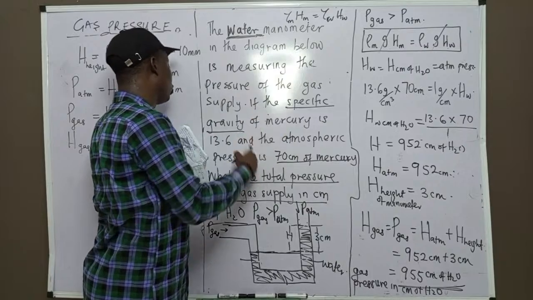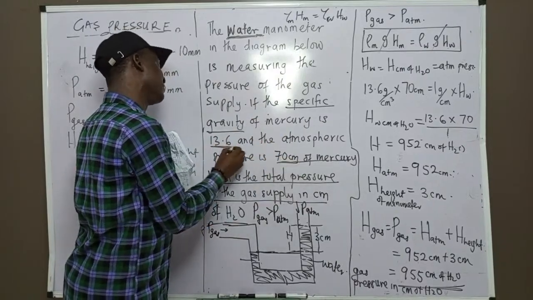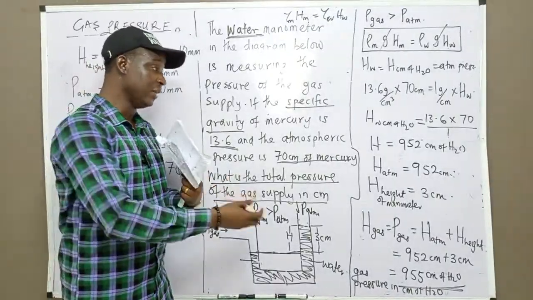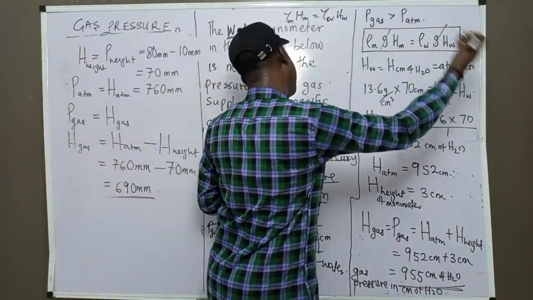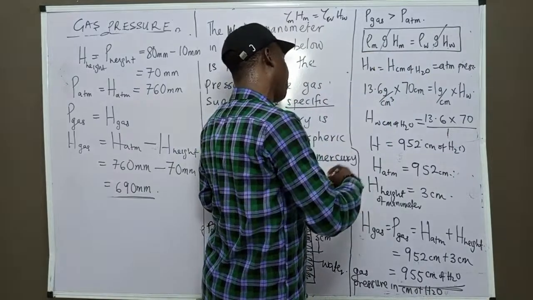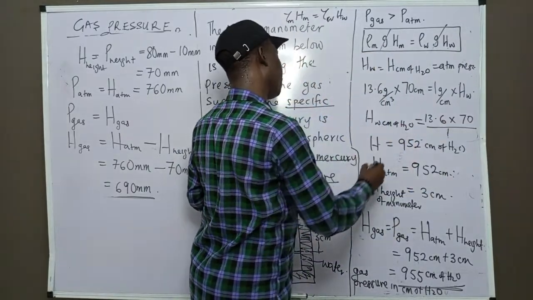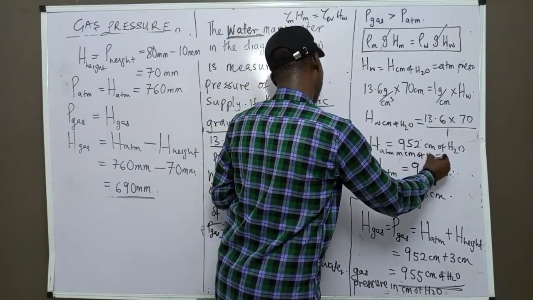They only gave you the height of mercury and the relative density, which is specific gravity. You can convert it to water. So whatever you are getting here is the atmospheric pressure in centimeter of water. That's what we have gotten.